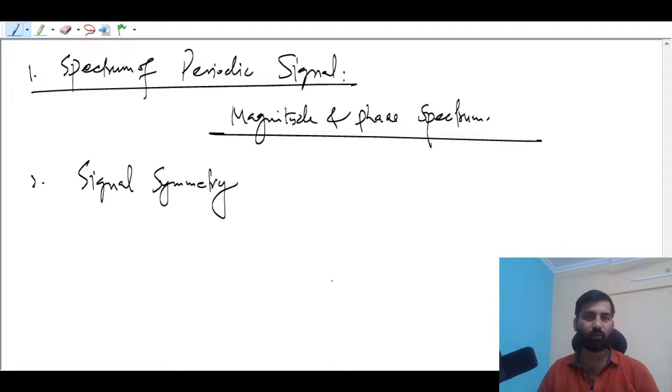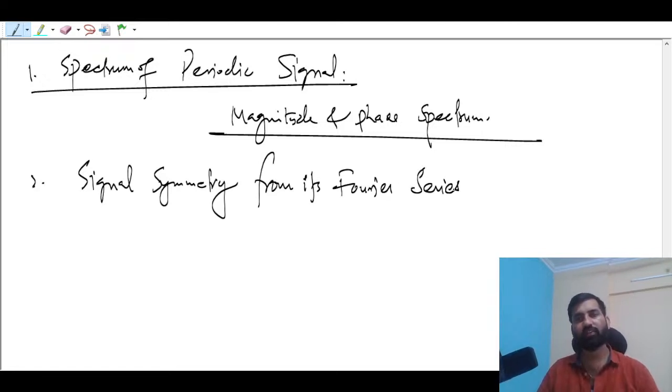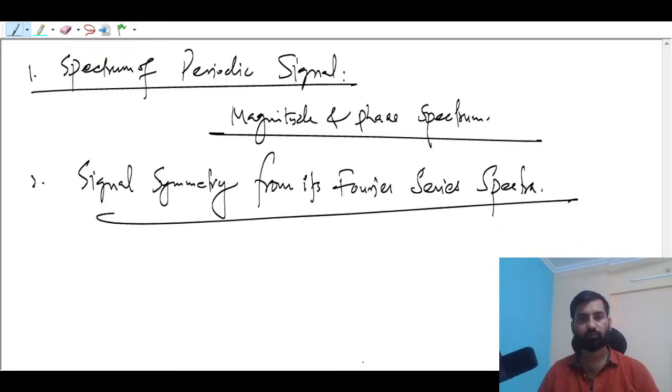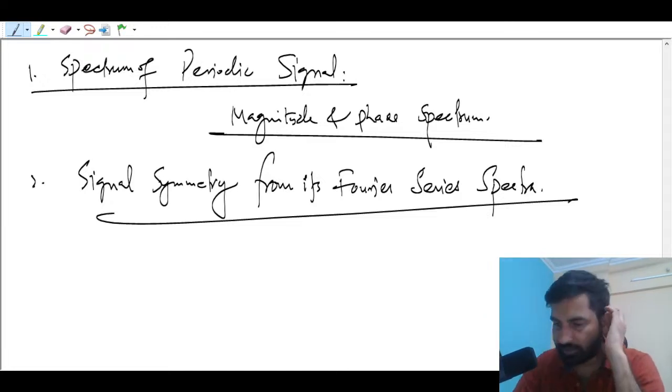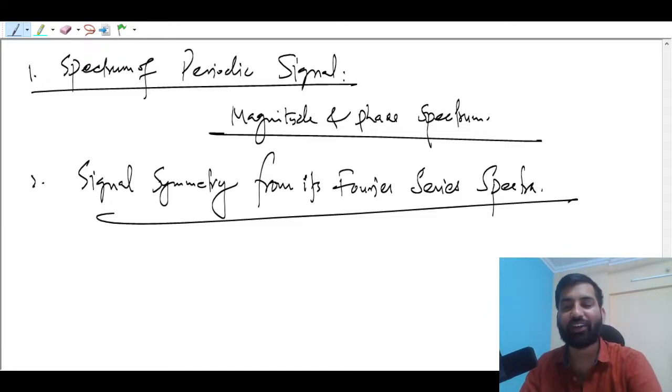Signal symmetry from its Fourier series spectra. Okay, so many students, like many of us, we are not able to identify, मतलब इसीलिए Fourier series का क्या है, बहुत ही difficult हो जाता है. So we will discuss that also.